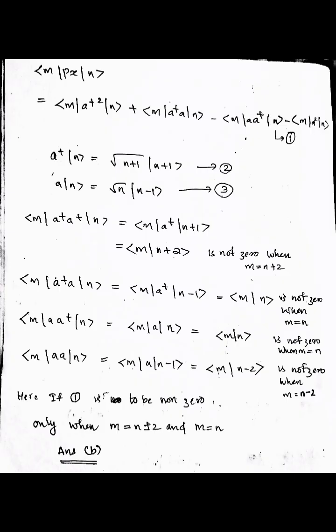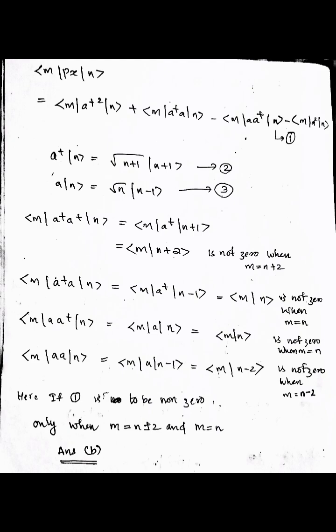Substituting the value of px, we can write <m|px|n> is equal to <m|a†²|n> plus <m|a†a|n> minus <m|a†|n> minus <m|a²|n>.